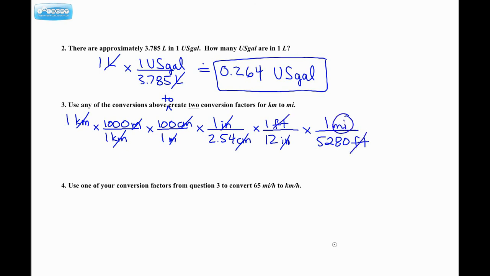And I'm in miles. So everything's canceled out. So 1,000 times 100 divided by 2.54 divided by 12 divided by 5280, and you get approximately 0.621 miles.